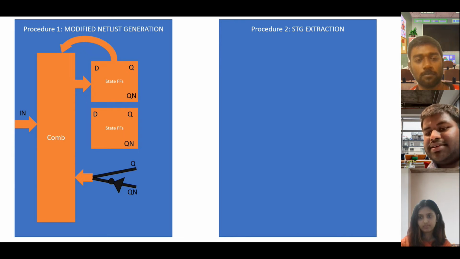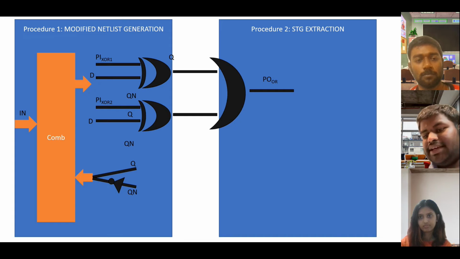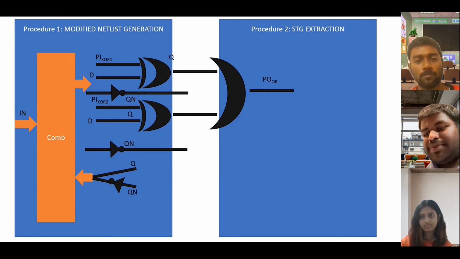Then replace the state flip-flops with nets for the Q and an XOR gate for the D. The other input for the XOR gate is given from the input of the system. And all the outputs of the XOR gates are ORed and given to the output. It's called POR. Then the QNs are replaced with NOT gates. So this gives the modified netlist generation. This will be given to the STG extraction.